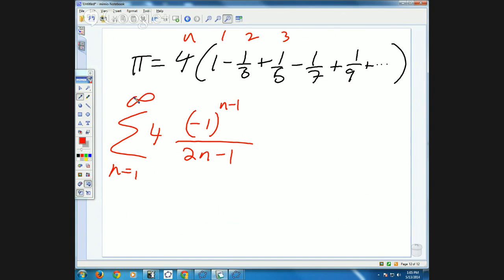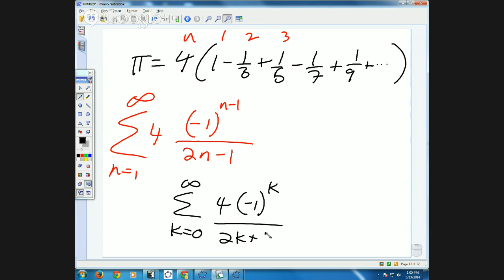That's one way to do this series. I started with n equals 0, so mine looks like this: the sum, let's call it k, goes from 0 to infinity of 4 times -1 to the k over 2k plus 1. I didn't want to type n minus 1 as the power. Kind of lazy.